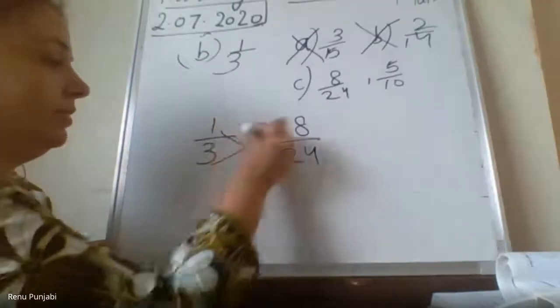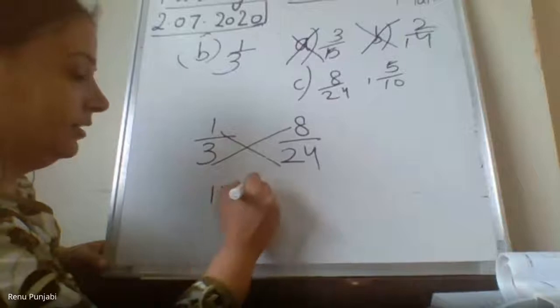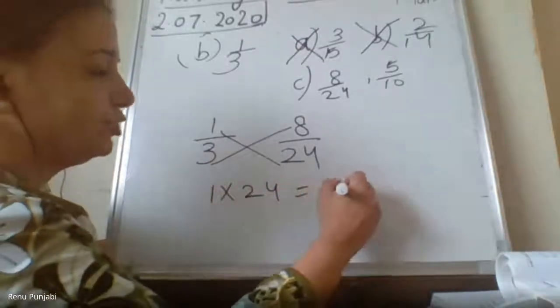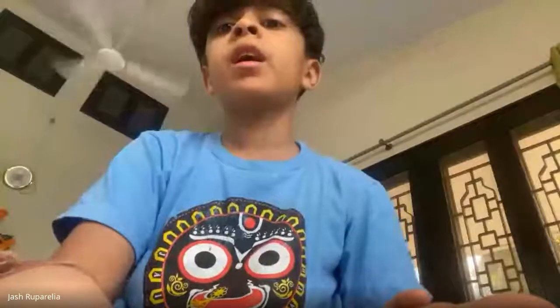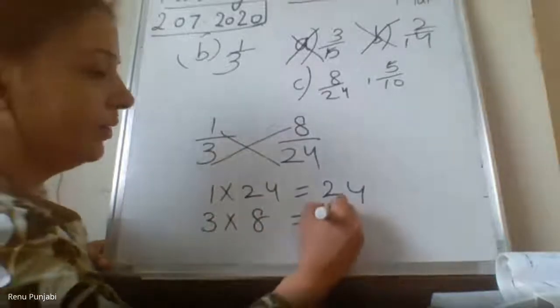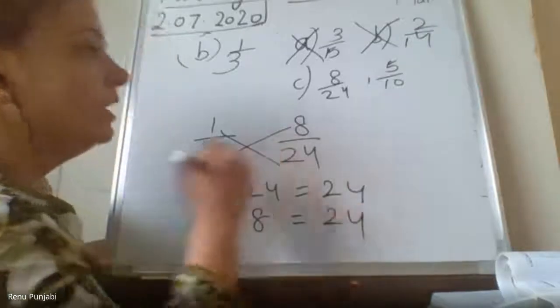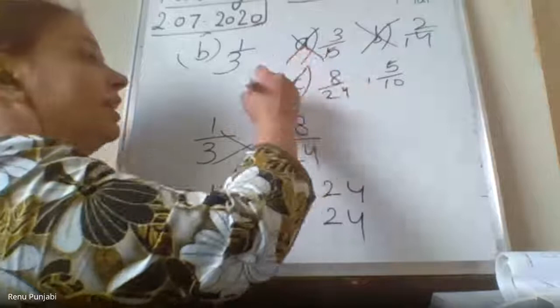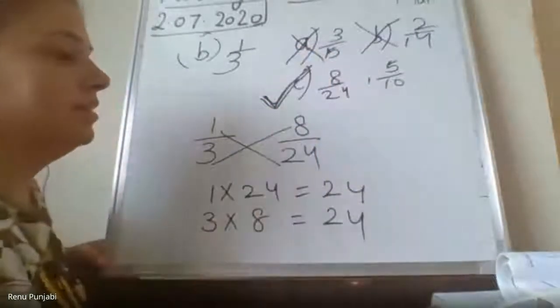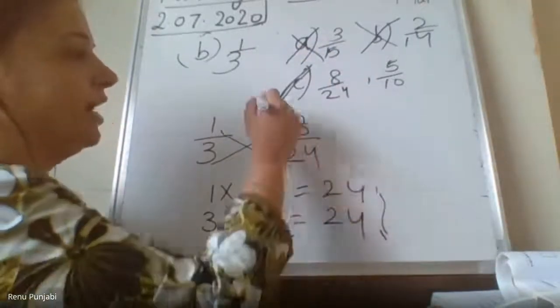So again, we do the cross multiplication method. 1 into 24 is 24. And 3 into 8 is 24. Now this is our answer. Here we got the equivalent fraction.